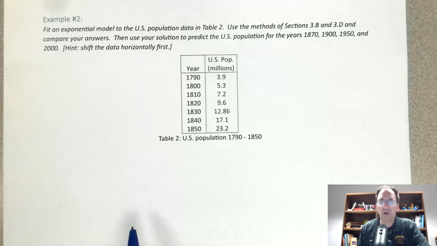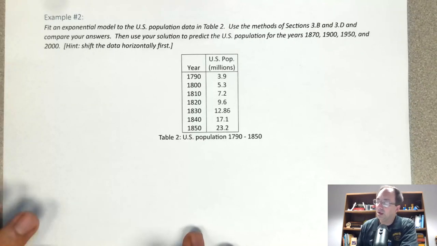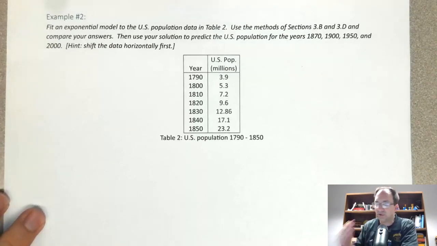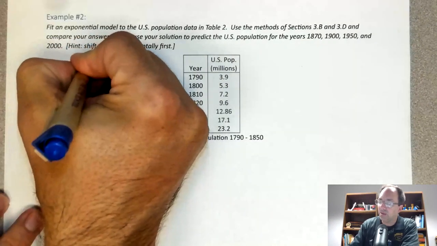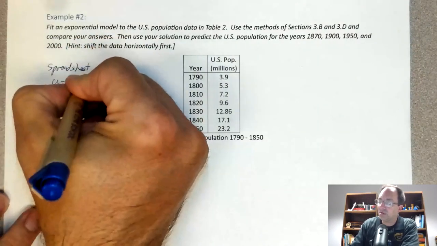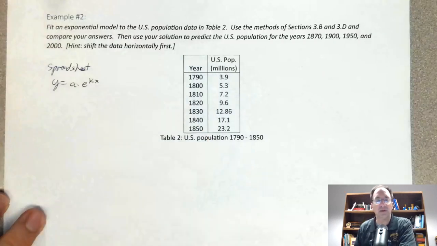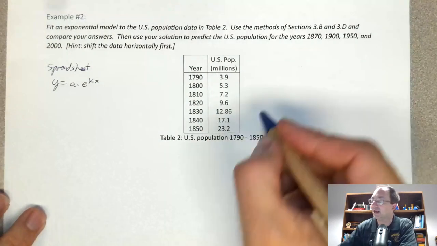A couple of different ways. Notice in chapter 3 we give you the technological background to do it on a spreadsheet or using semi-log paper. We'll do the semi-log paper first and then look at a spreadsheet. If you're using a spreadsheet, the more likely form you're going to see is y equals a times e to the kx.